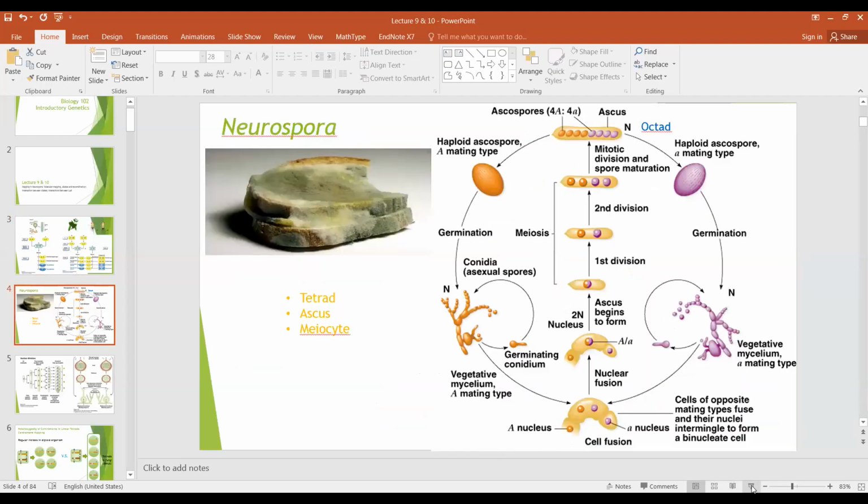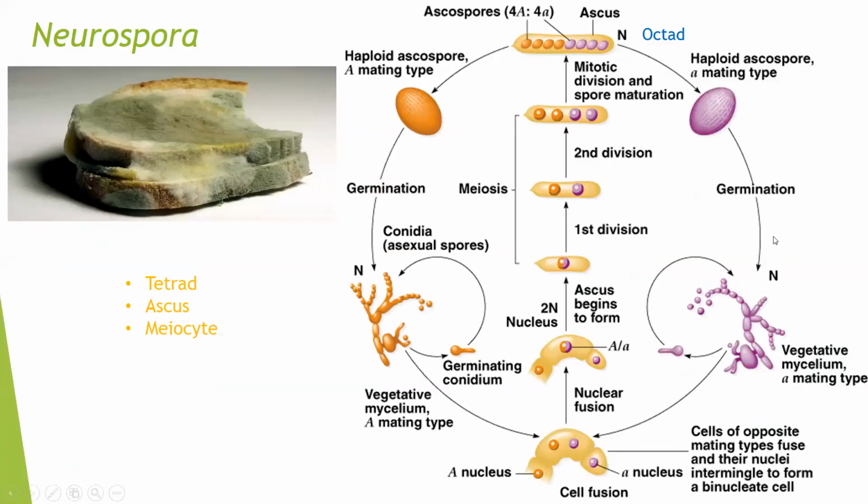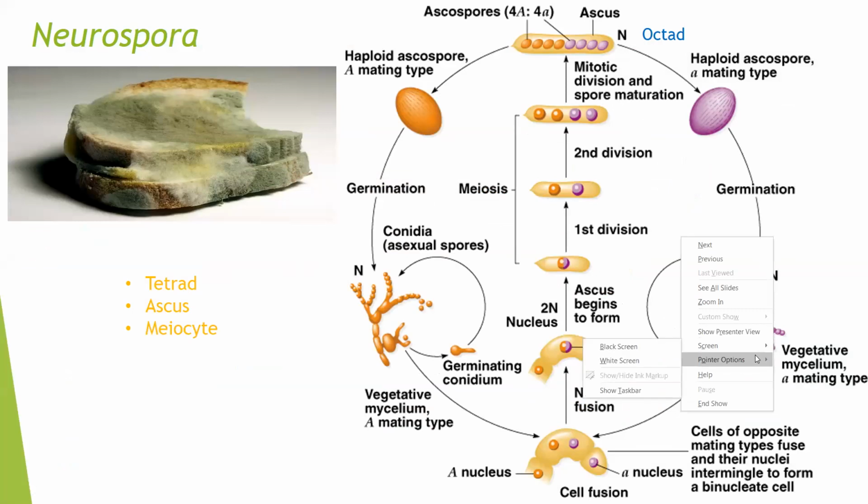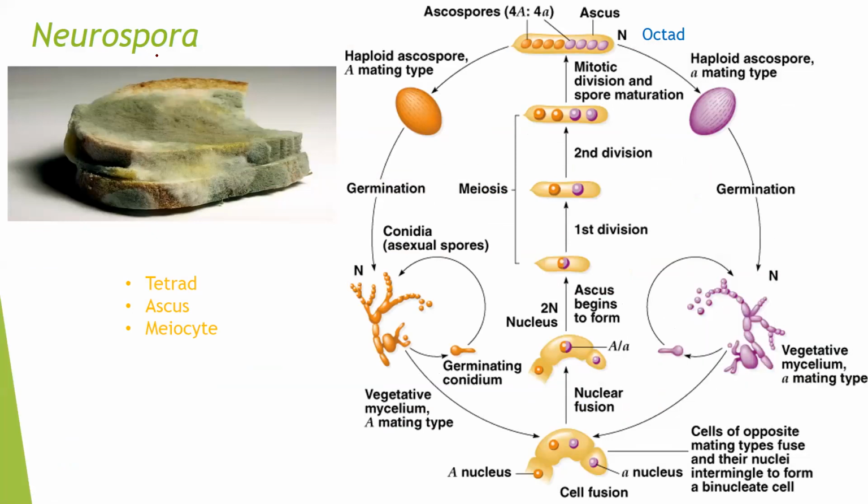So I put this slide here because, although I don't think we have time to go over these slides, this is very important. From now on we're going to use another important model organism, Neurospora, which is a haploid organism. So please read the textbook and understand the life cycle for this organism, and this will help you understand the slides.